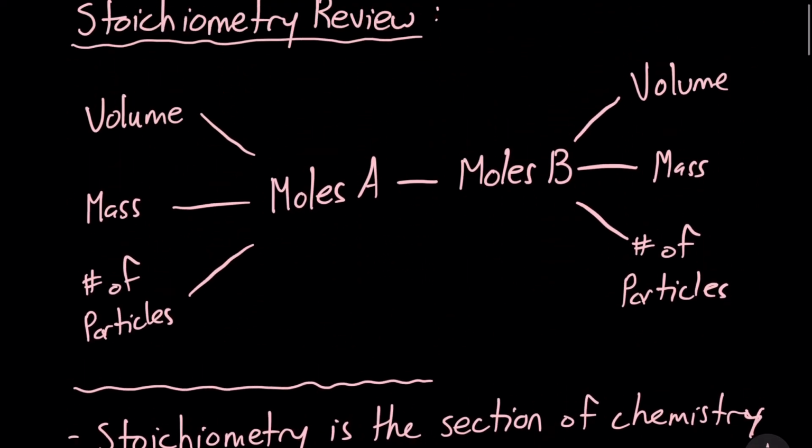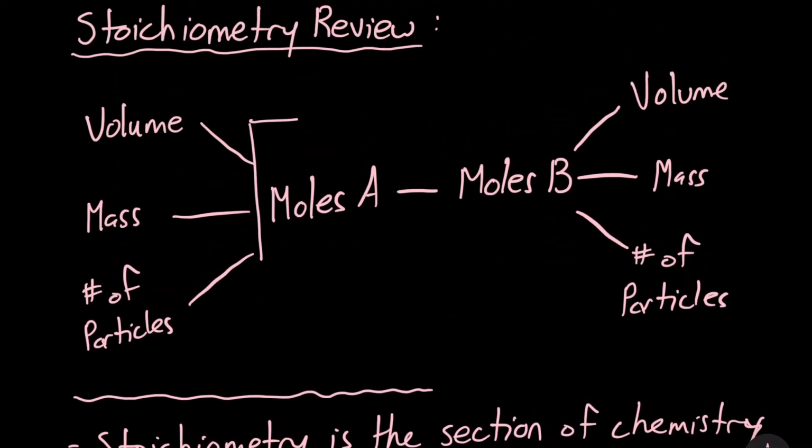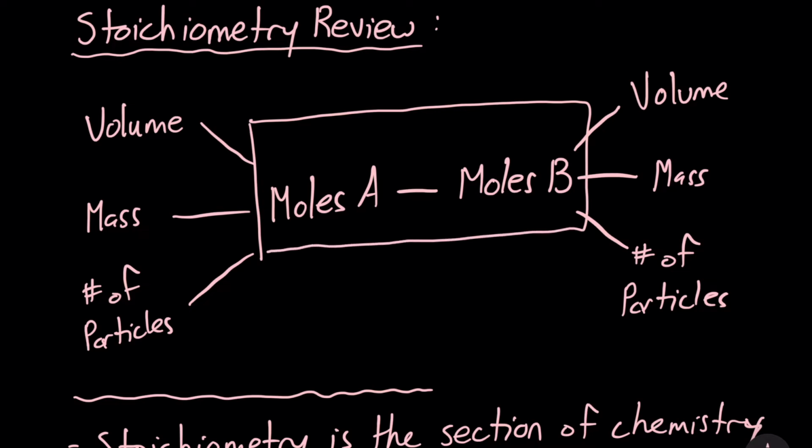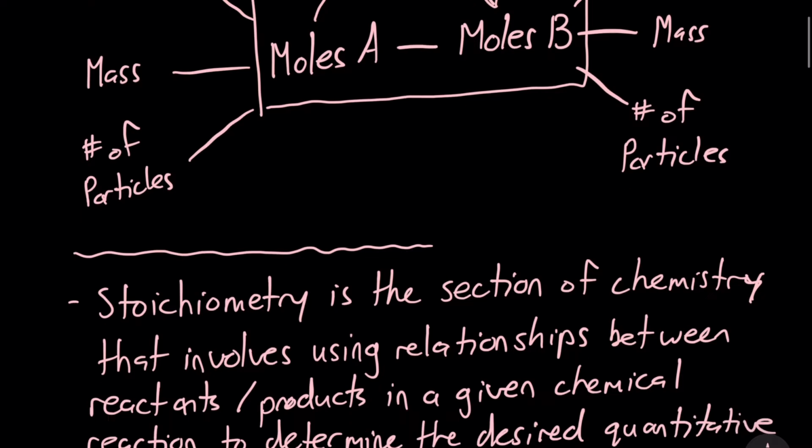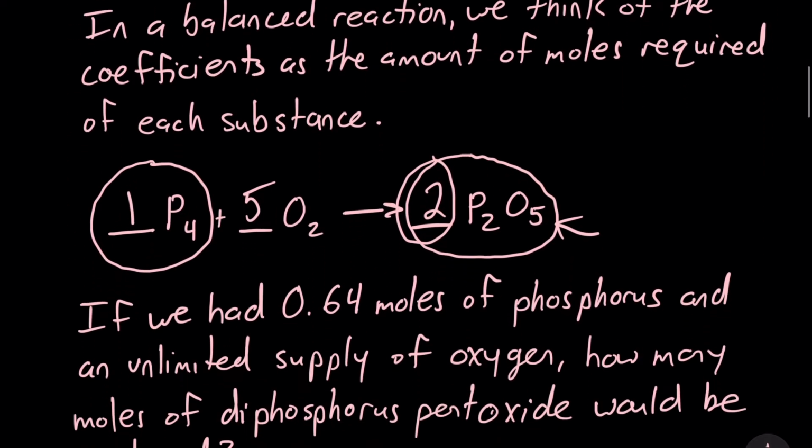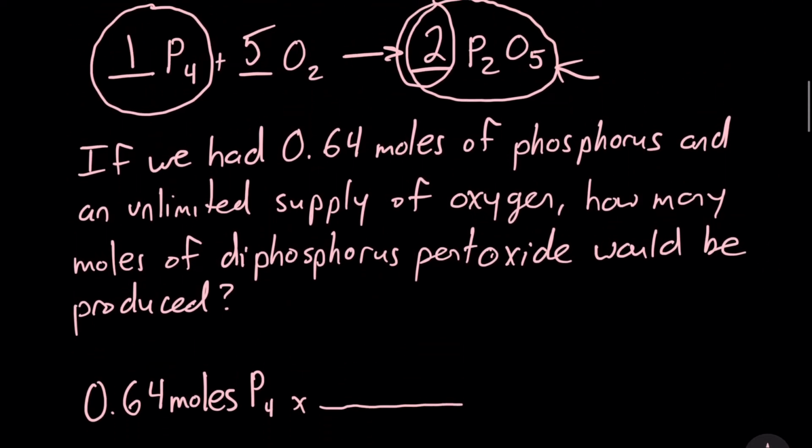So we are going to use the coefficients from our balanced equation in this step up here. So I'll just scroll up and show you. Whenever we are going from moles of A to moles of B, or moles of our original substance to moles of our wanted substance, we're going to use the coefficients from our balanced equation. So since we want to end up with, again, I'll draw an arrow, we want to end up with moles of P2O5, we're going to use 2 moles from our balanced formula on top.